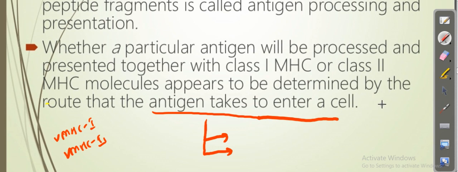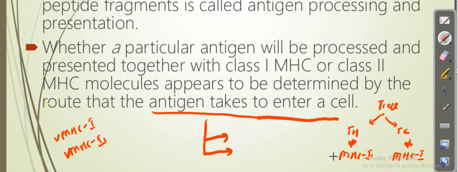For T cells there are mainly two types, that is TH cell and TC cell. TH cell mainly recognizes MHC class 2 and TC cell recognizes MHC class 1.